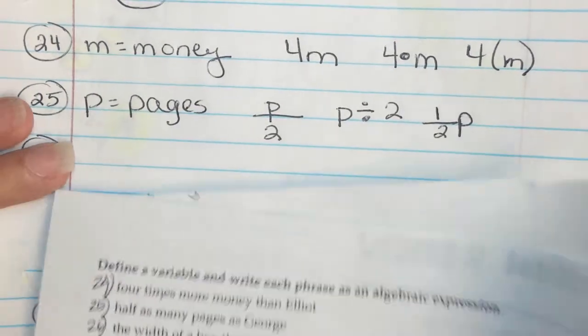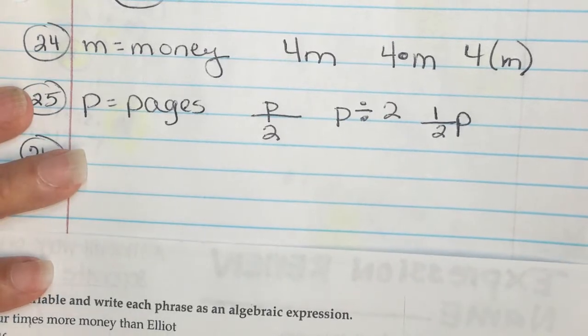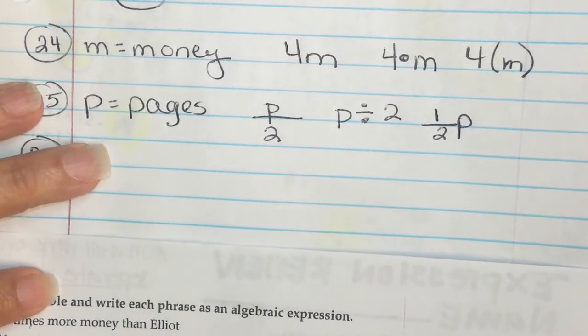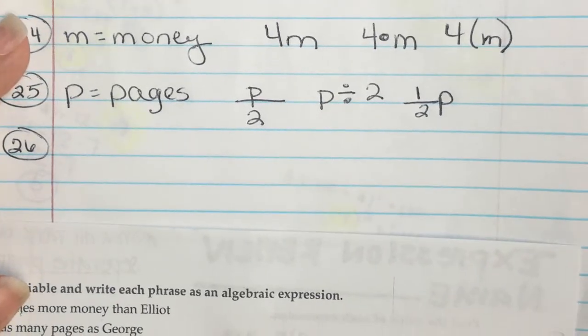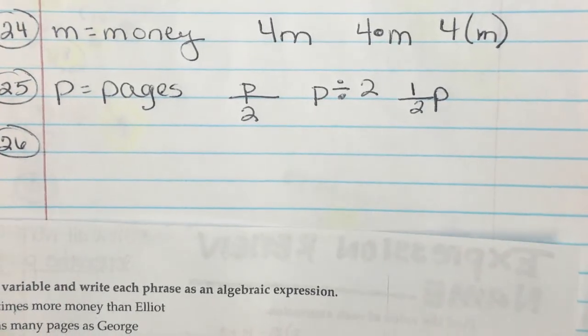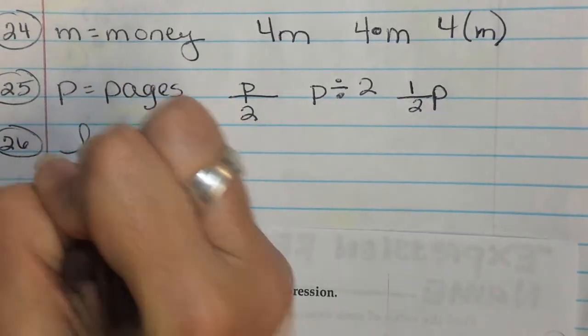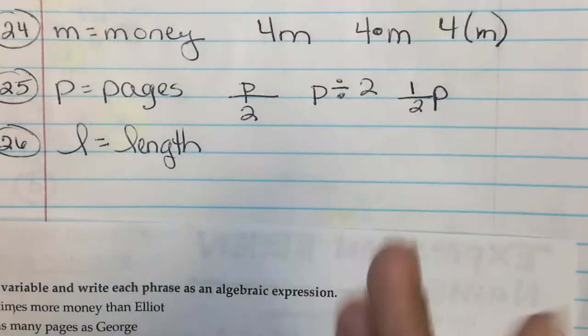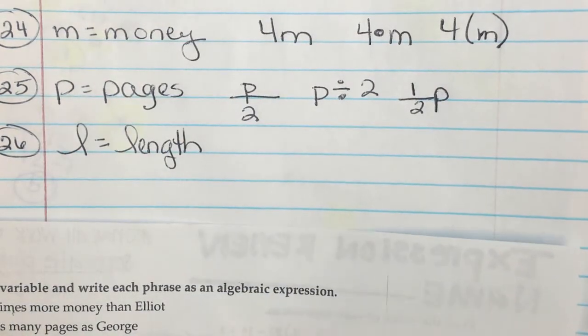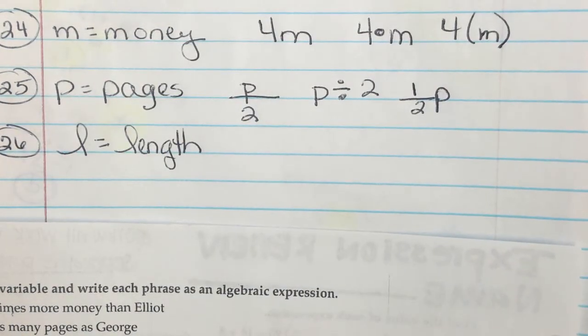Okay, 26. Let's look at it. The width of a box that is 4 inches less than the length. What do we not know? The length. So I'm going to do L for length, and notice I'm doing cursive. That's just the way you normally do it. You could do X for length if you don't like the L thing.